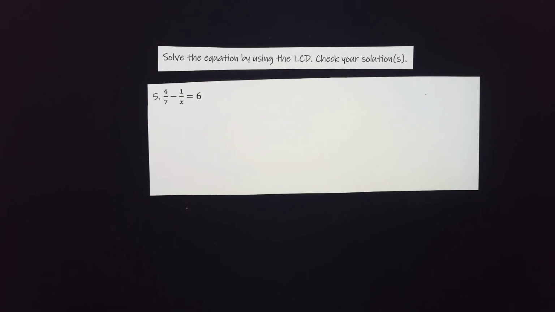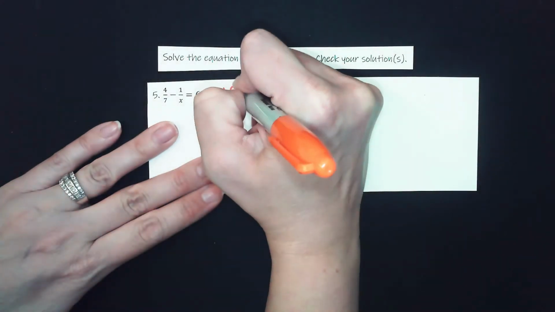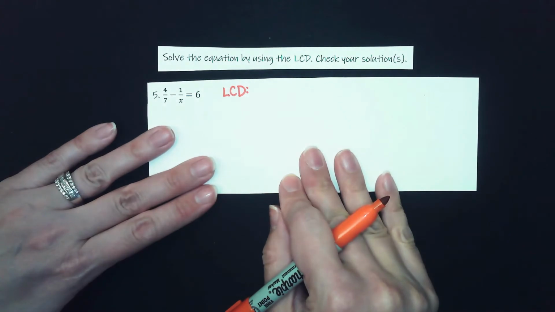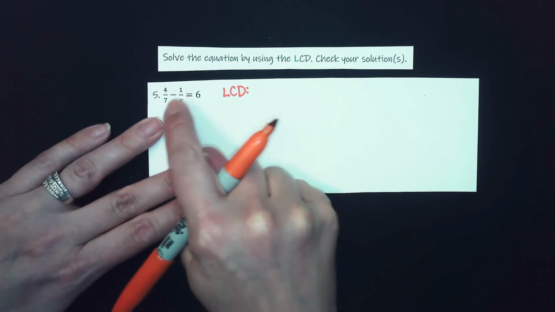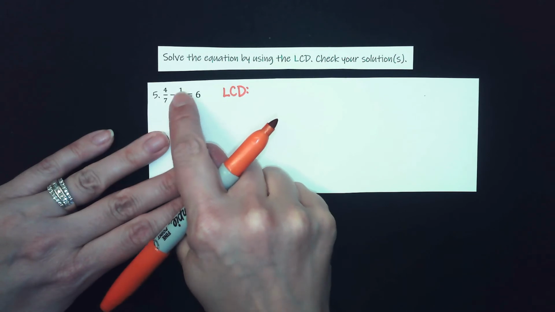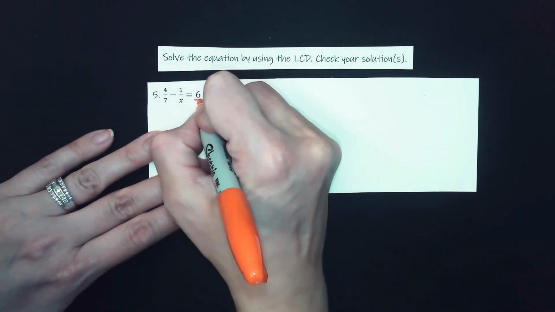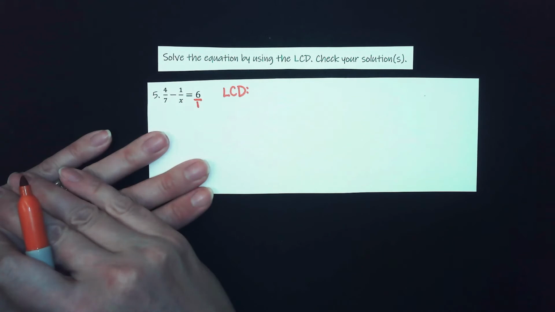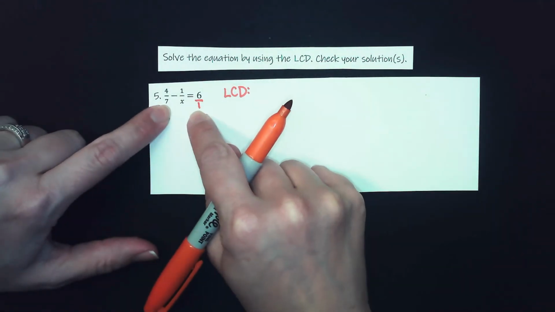All right. So we need a least common denominator. So I like to list those. So I always write my LCD, least common denominator, okay? So if I look at all my denominators here, I have a denominator 7, denominator of x, and this one doesn't have a denominator, which means its denominator is 1, okay? So if I look at my constants, I have a 7 and a 1.